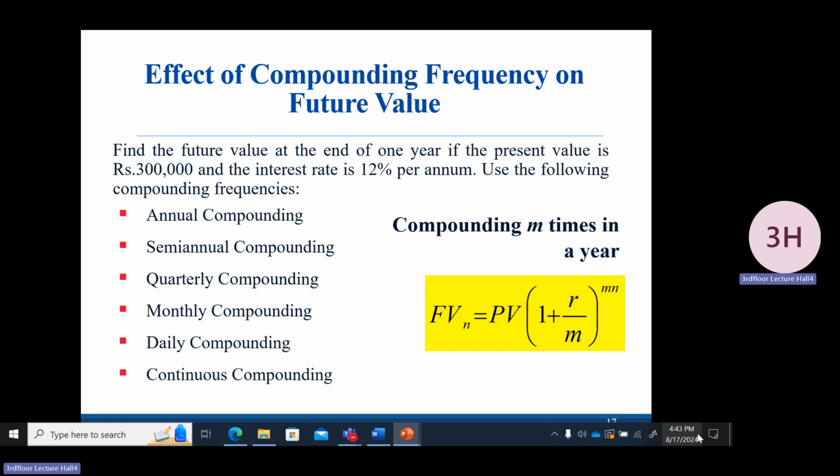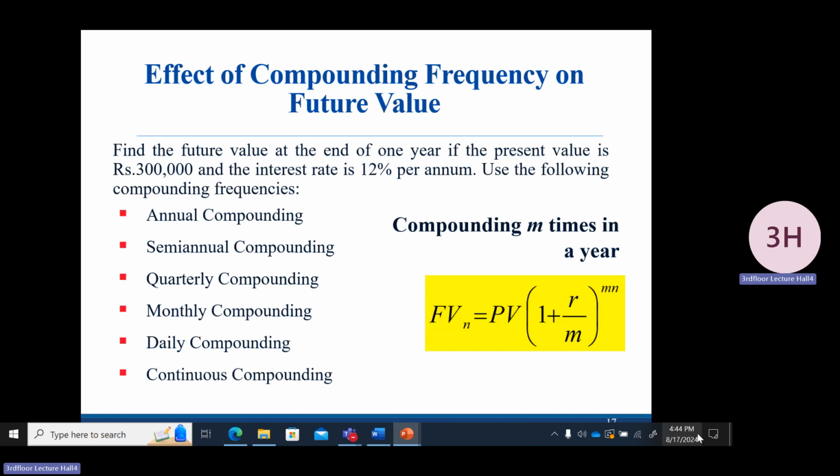Now our formula needs an adjustment. When more frequent compounding is there, this is the formula: present value into (1 plus R) to the power n. When more frequent compounding occurs, we divide the interest rate R by m, and multiply n by m.